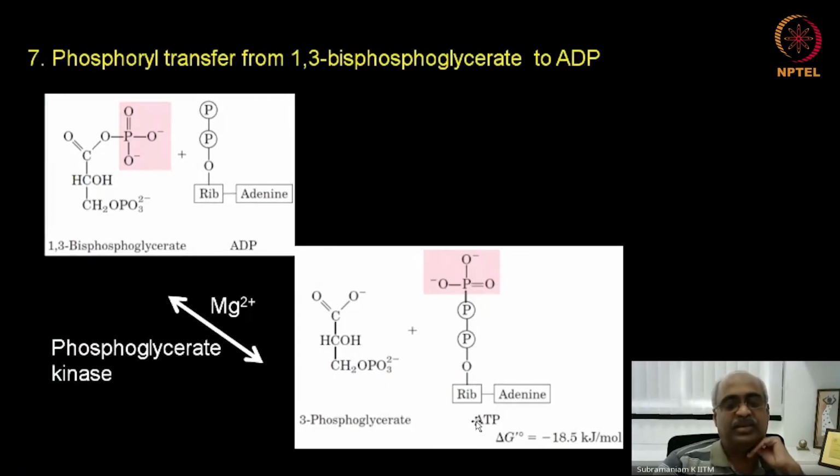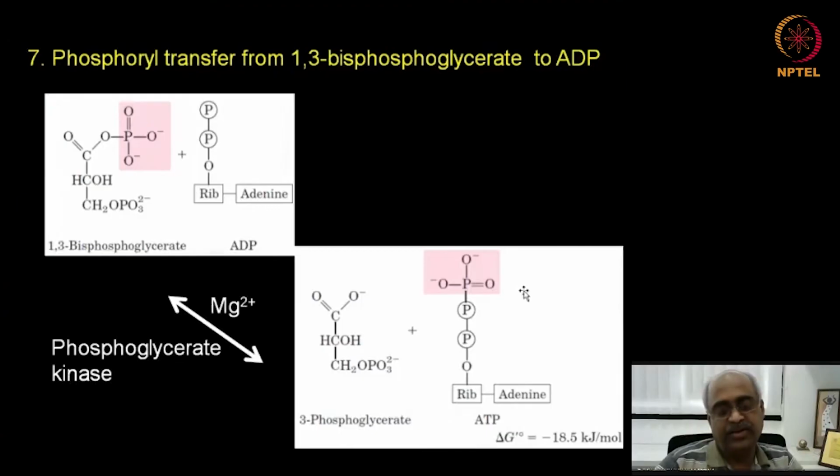So here ADP gets phosphorylated, forming the ATP. And the high energy bond is now transferred to the formation of ATP. This kind of generation of an ATP molecule is usually called substrate level phosphorylation, meaning from a substrate of this enzyme, the phosphate group is transferred to make ATP.